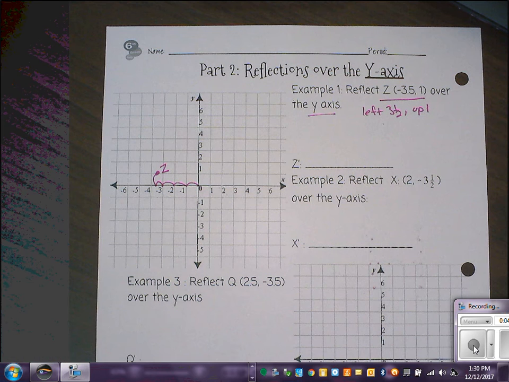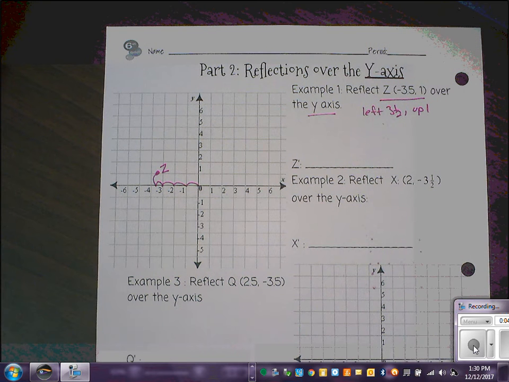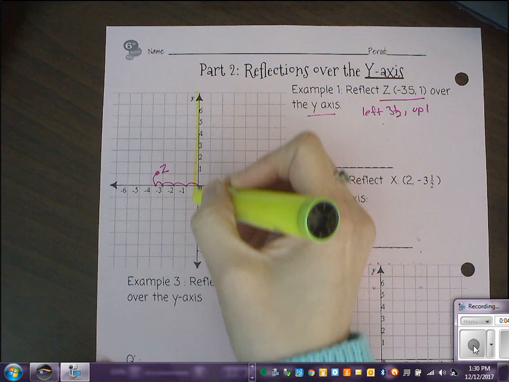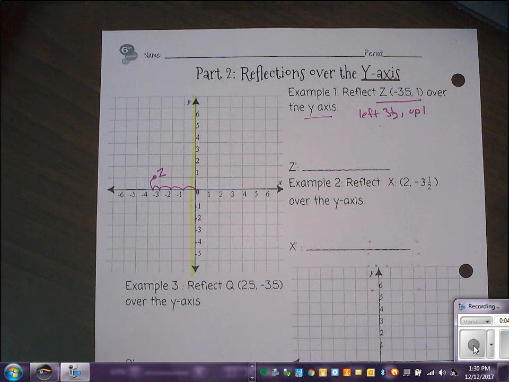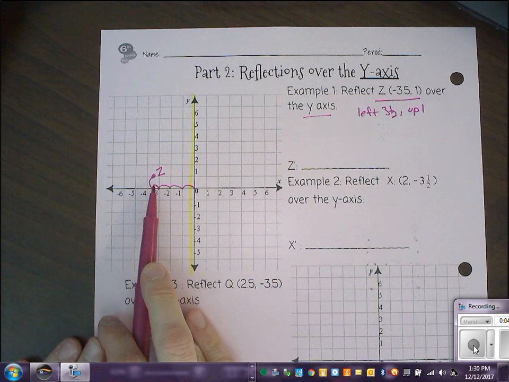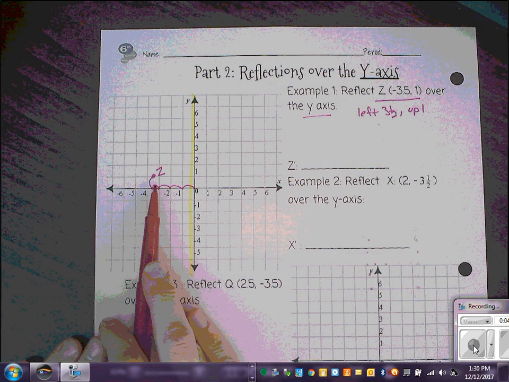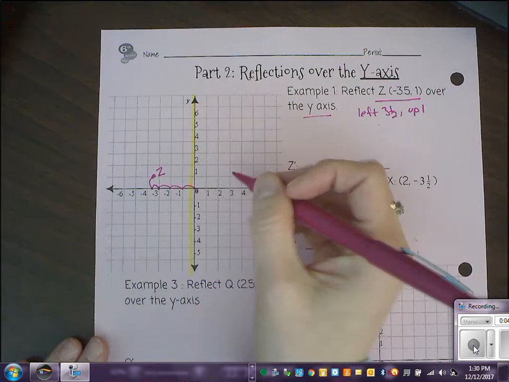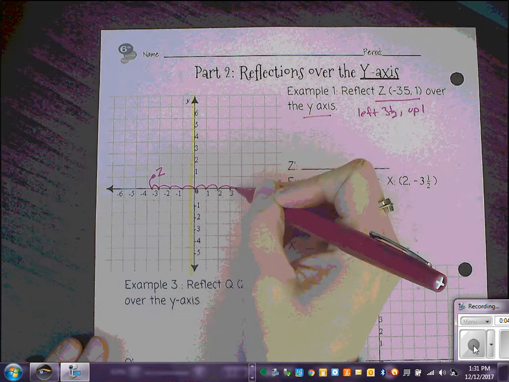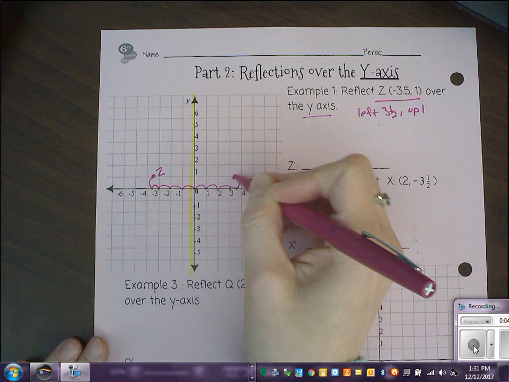Now we're going to graph Z prime over the y-axis. So take your highlighter and highlight your y-axis. Now I move to the left. I want to go the opposite way of the y-axis, so now I'm going to move to the right. The same distance, 1, 2, 3.5, and go up 1 for Z prime.